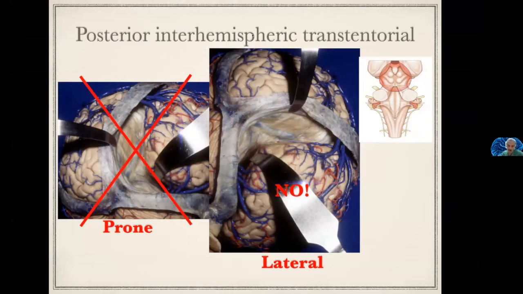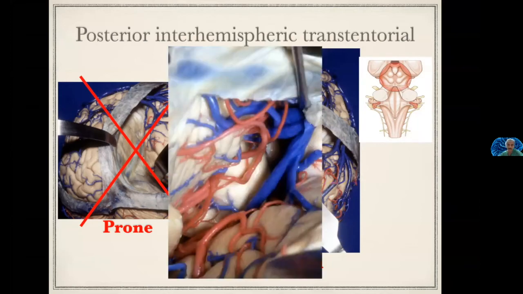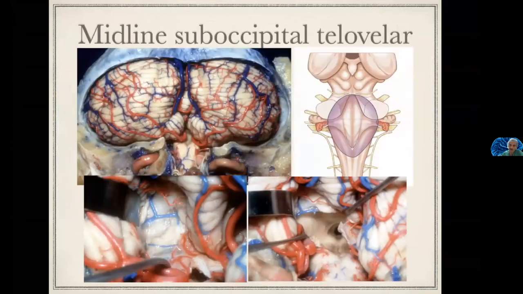I don't like to use self-retaining retractors, so I put the patient in the lateral position for the head, and I don't use a retractor. I just use lumbar drain and let the parietal occipital lobe fall away from the falx. I may put a retractor on the falx, but not on the dependent brain. And that is a very useful approach.